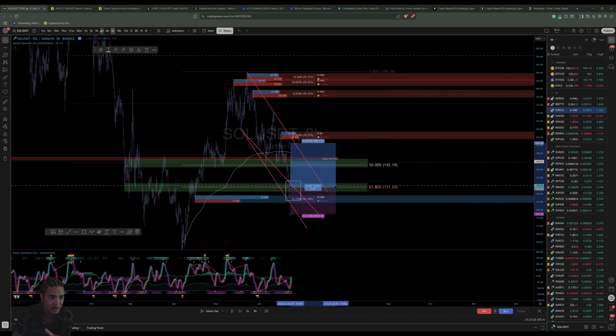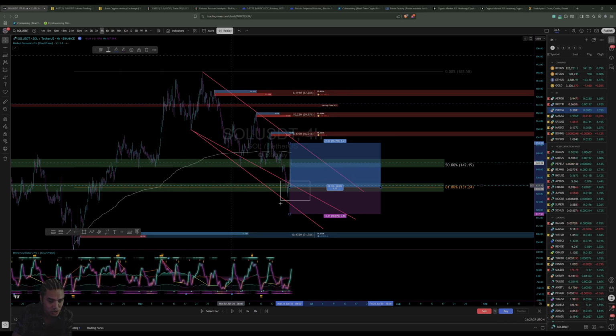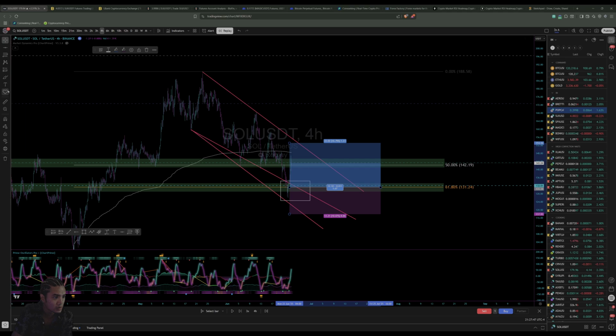But if my time frame was the 4 hour and I saw the setup on the 4 hour, I have to respect the 4 hour. So if I'm seeing reversal prints on the 4 hour, I'm going to label this area here as a danger zone. Danger zone being resistance, right?